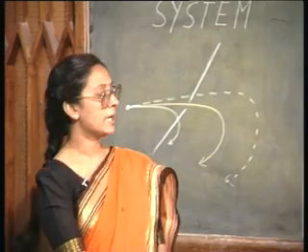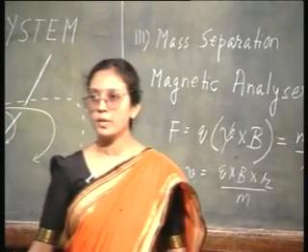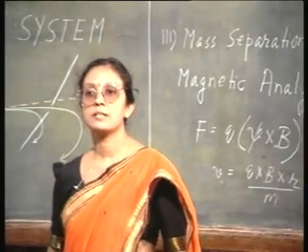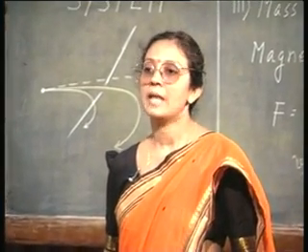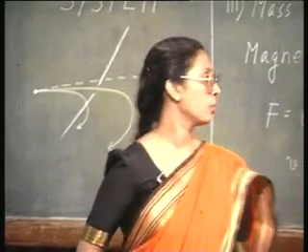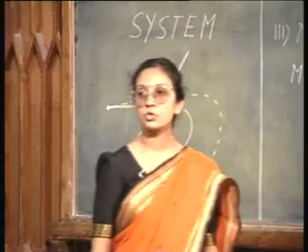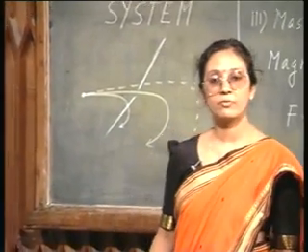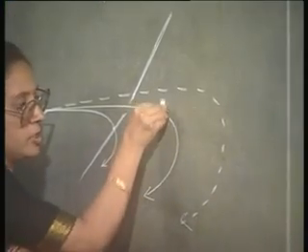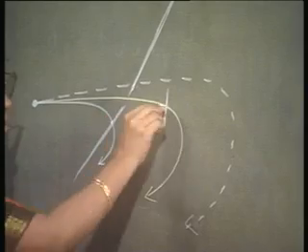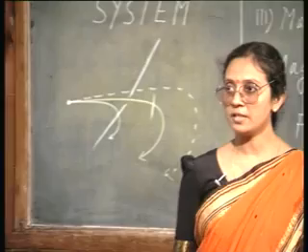Because you know that the radius of curvature is proportional to square root of m, you can place a screen with a slit suitably so that only that particular ion species with this particular mass will pass through this slit, and therefore, you have kept your semiconductor somewhere here. This is where your target is. It will go and hit the semiconductor, right.